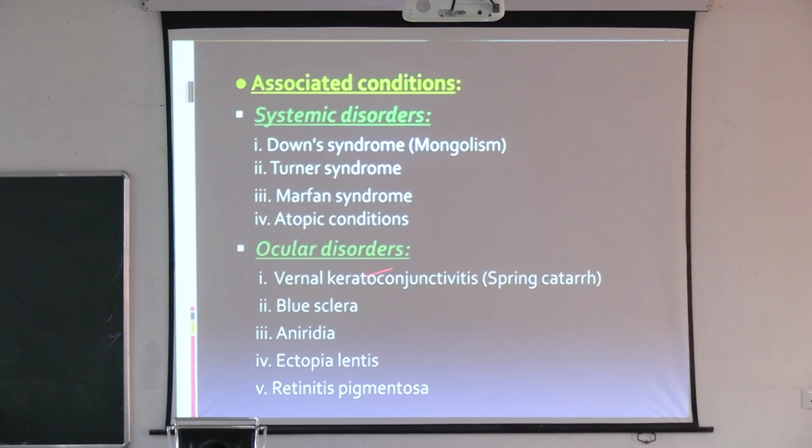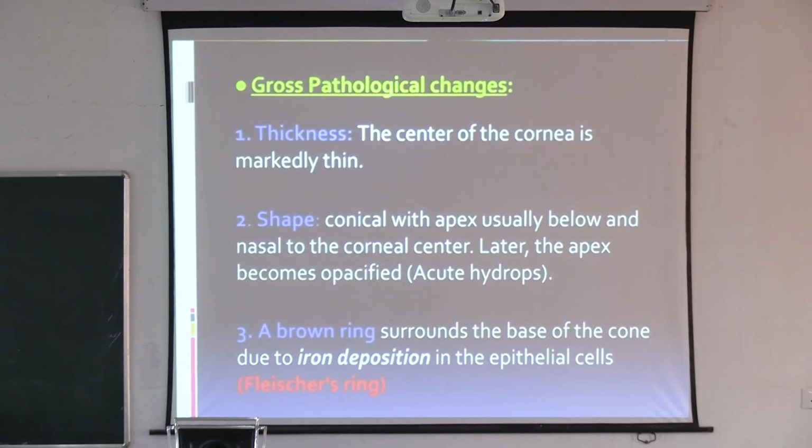Then ocular conditions: it may be vernal keratoconjunctivitis, that is called spring catarrh, and blue sclera, where there is thinning of the sclera, aniridia, absence of the iris, and ectopia lentis, where the lens is not in its normal position, and retinitis pigmentosa, which is also a hereditary disease. So, these conditions are also associated with keratoconus.